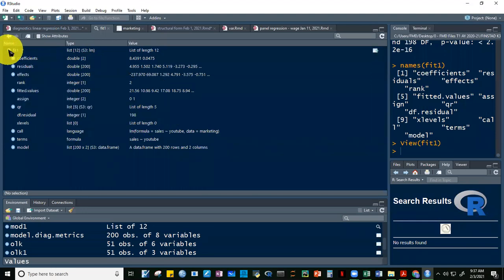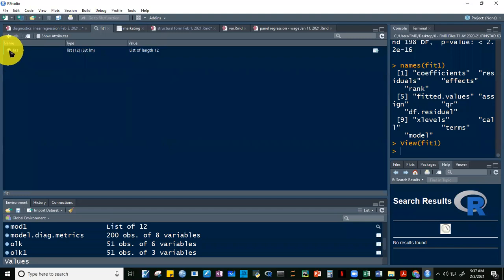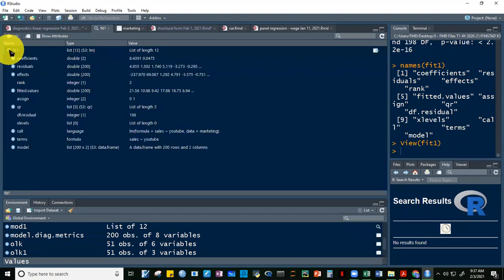So, si fit 1 daw, can click this para ma-hide. Okay? Ito yung laman niya. 1, 2, 3, 4, 5, 6, 7, 8, 9, 10, 11, 12. Yung nakalagay dun sa names kanina, ito yon. So, meron mga numerical dyan. Ito, coefficients. May residuals. May effects daw. Okay?